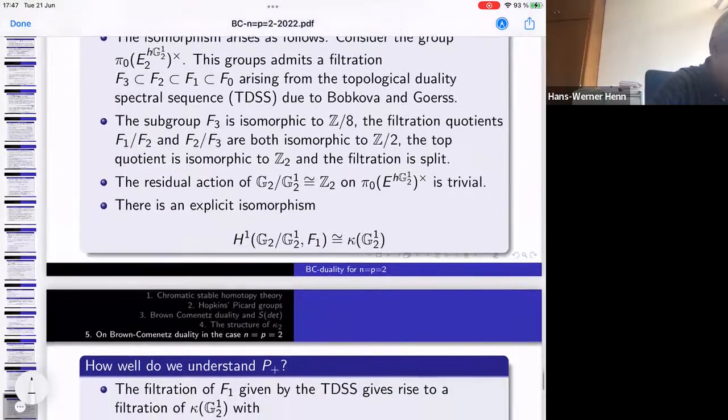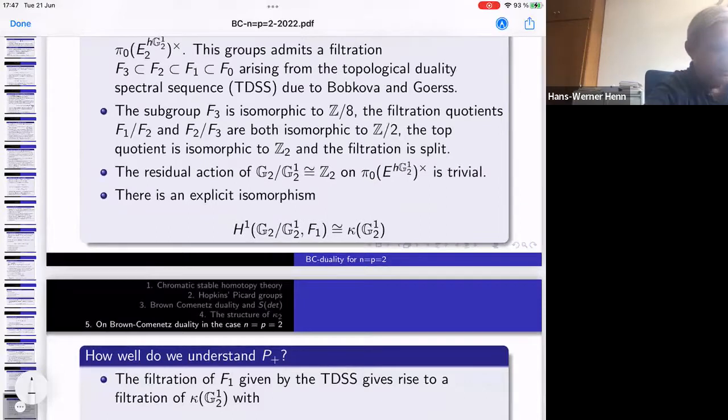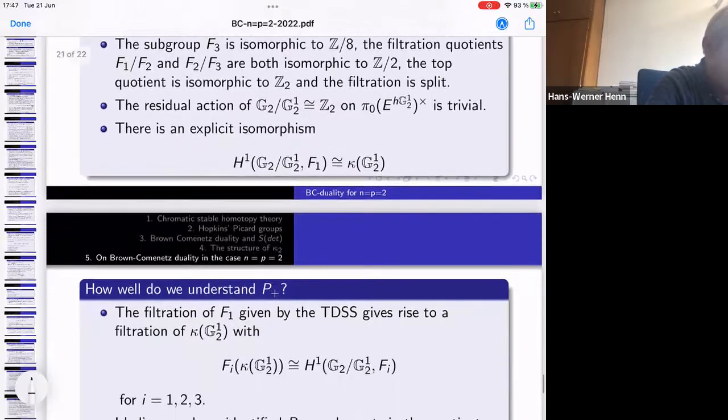But now the filtration of F1 given by the topological duality spectral sequence gives rise to a filtration of kappa G21, with Fi of kappa G21 being given by the first cohomology of G2 modulo G21 with coefficients in Fi for i equals 1, 2, and 3.